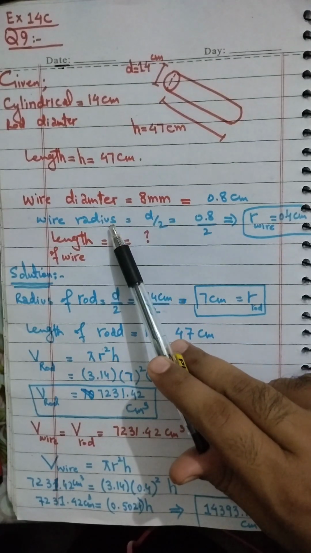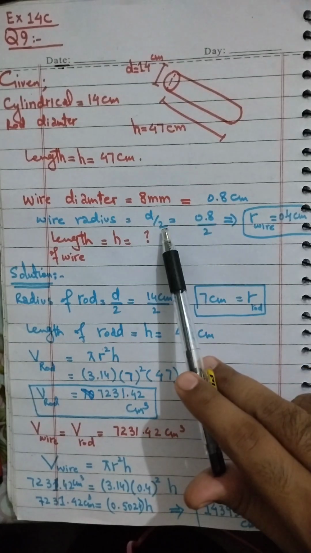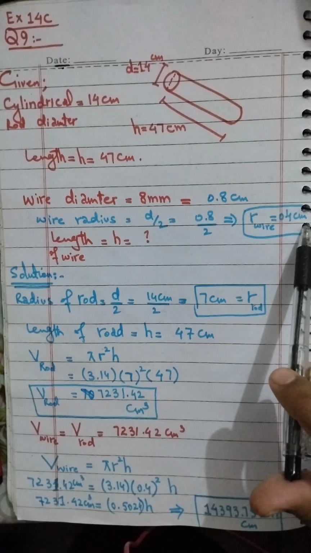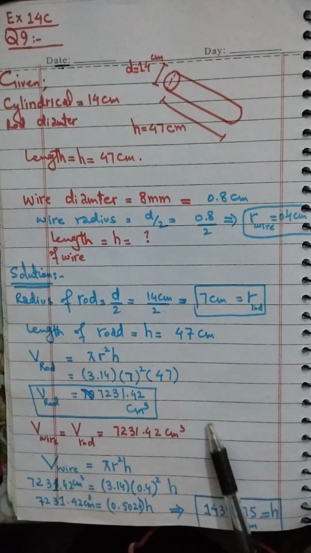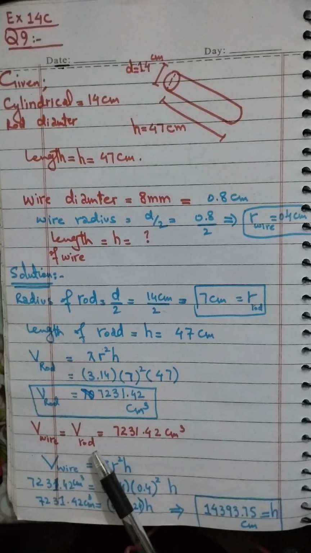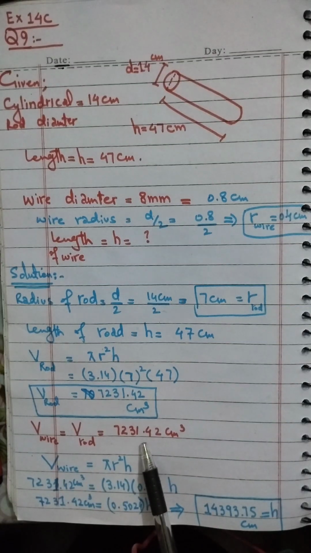Now for finding the radius, we will divide it by 2. So we got the radius of the wire, which is equal to 0.4 centimeter.